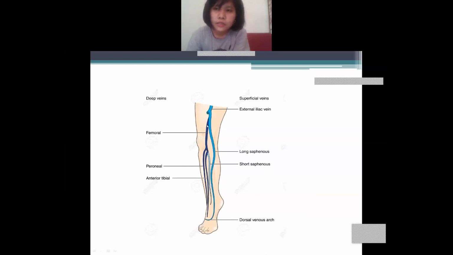In the deep veins, you will find the femoral vein. The arteries and the veins are near each other, so the femoral vein, which is part of the deep veins, will go along with the different arteries, which are divided into different branches. Understand?